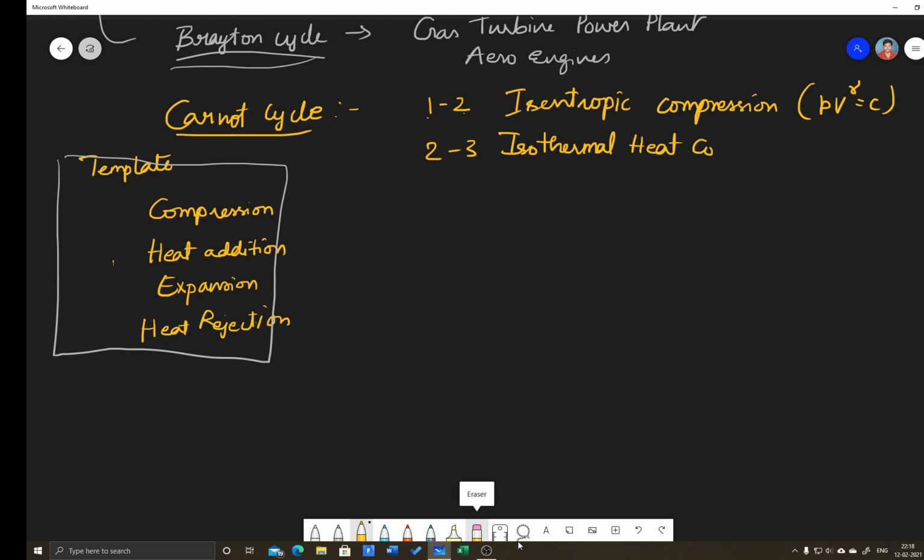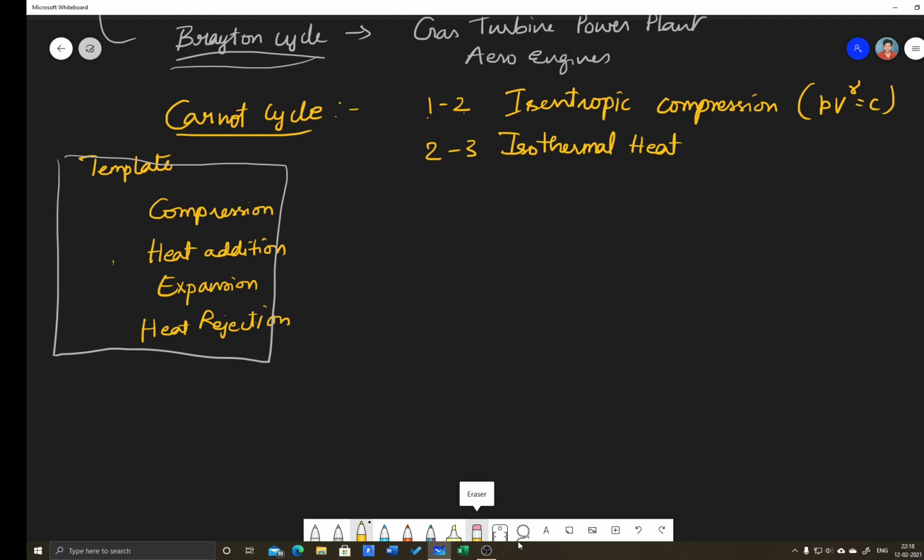You may think that how heat addition is possible in an isothermal process. During reversibility and irreversibility, we have discussed that if there is a finite heat transfer, that means if heat is added at constant pressure and constant volume, there will be a finite temperature difference.